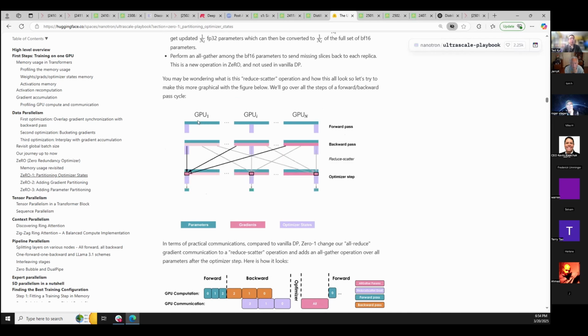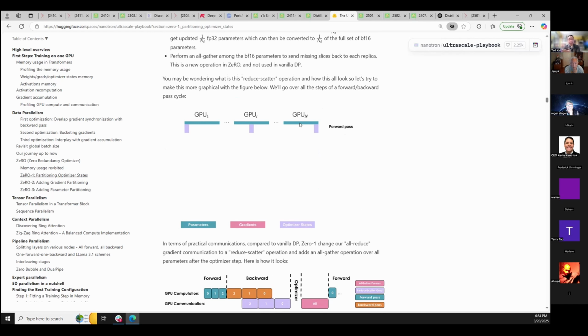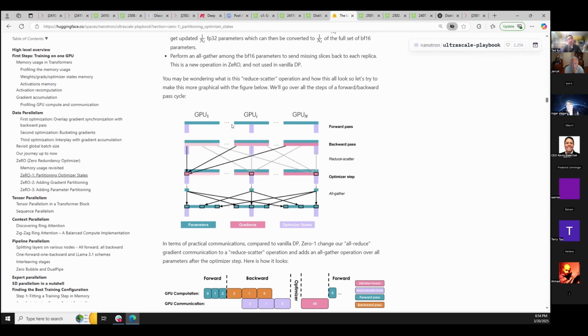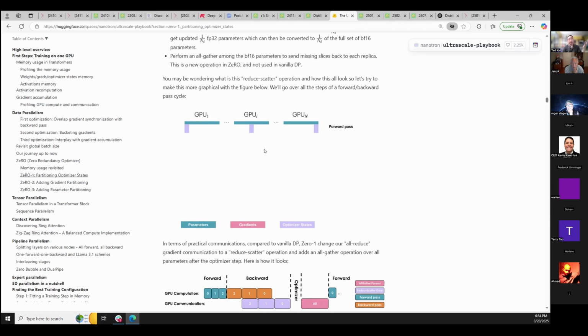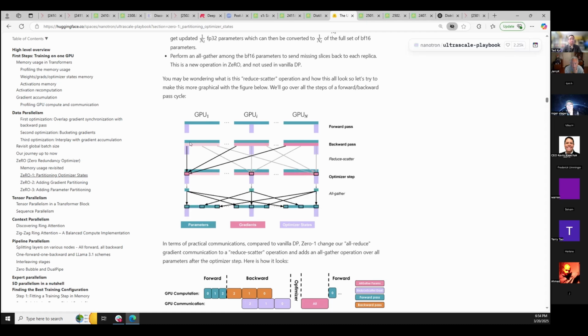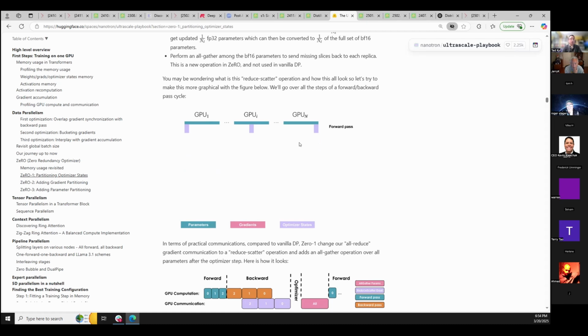And in the forward pass, we need our parameters in order to calculate the output of the model, and we're going to have all of our activations that we calculate based on this. So nothing has changed so far.